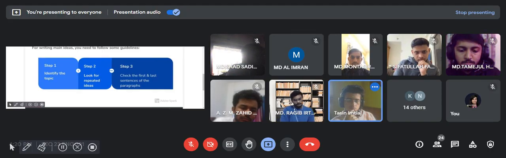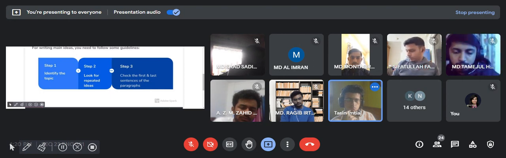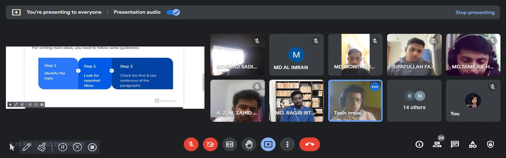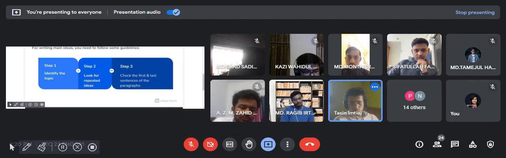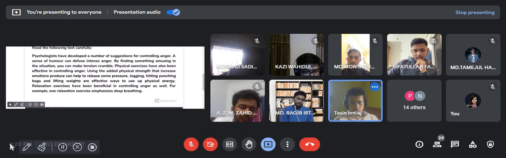First of all, you have to identify the topic and make sure the main ideas are relevant to the topics. Secondly, you should look for repetition of ideas throughout the paragraph. Finally, you have to check the first and last sentences of the paragraphs, as the clue of the main ideas are hidden over there most of the time.